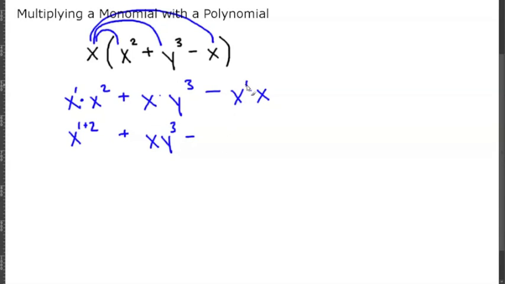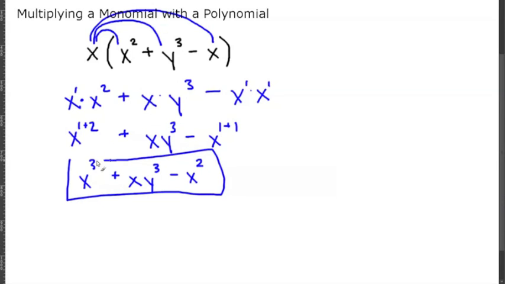And this is x to the 1 times x to the 1, so it's going to be x to the 1 plus 1. So now, simplifying this, we're going to have x to the third plus x y to the third minus x squared. And that would be our answer.